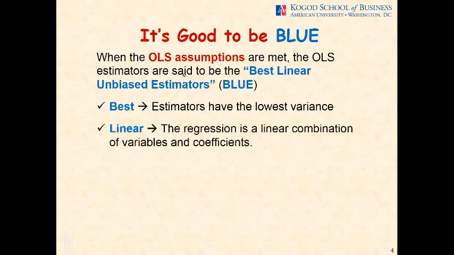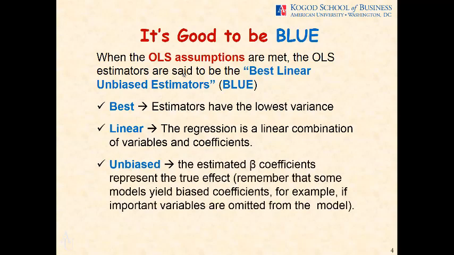Linear means that the y, or the response variable or the dependent variable, is linearly related to the x's. So if you were to look at a scatter plot, you would see the dots aligning sort of in a straight line fashion. You don't see a curve or some cyclical pattern to the data points.